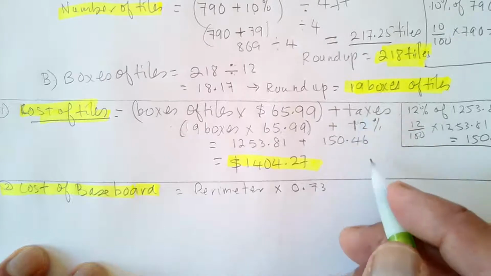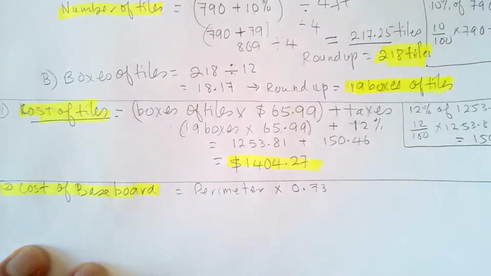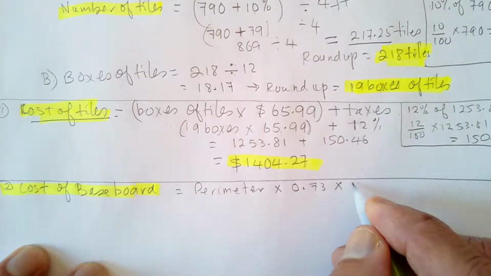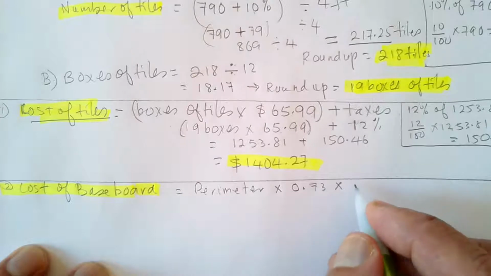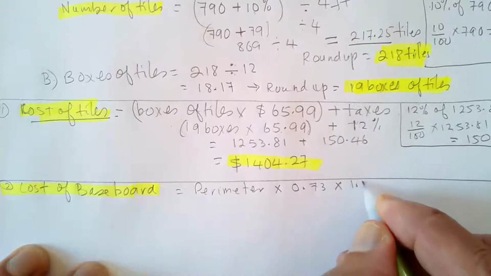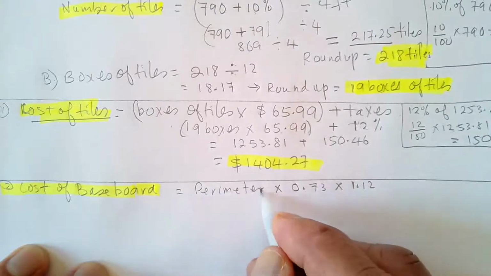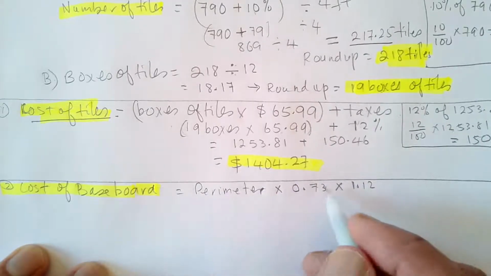Now multiply by your taxes, which is 12%. But we're going to do the shortcut 1.12, which is the same as finding 12% and adding it to the original amount.